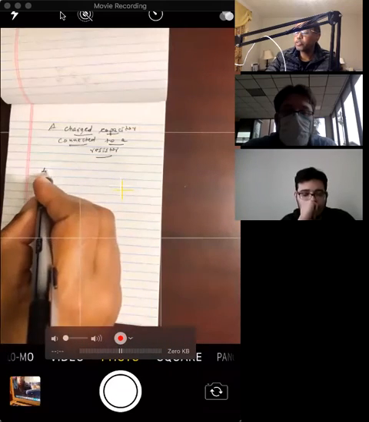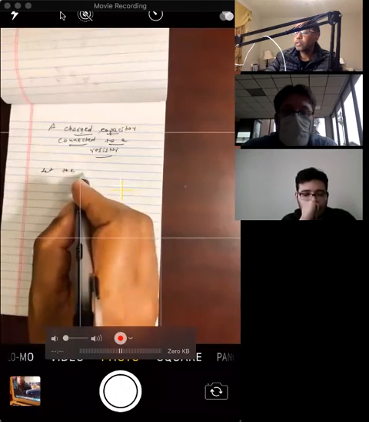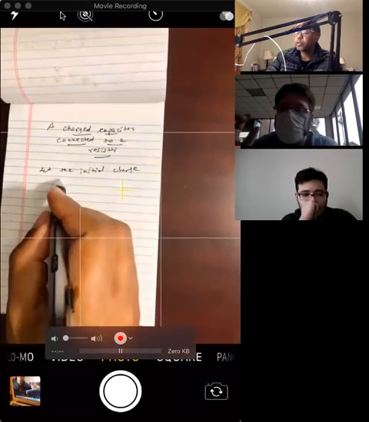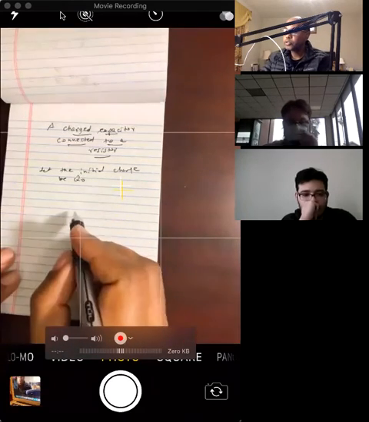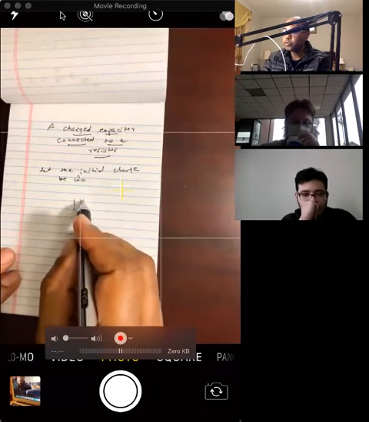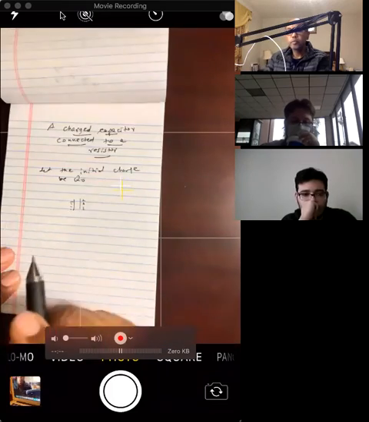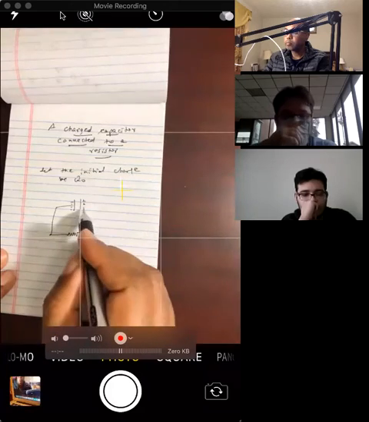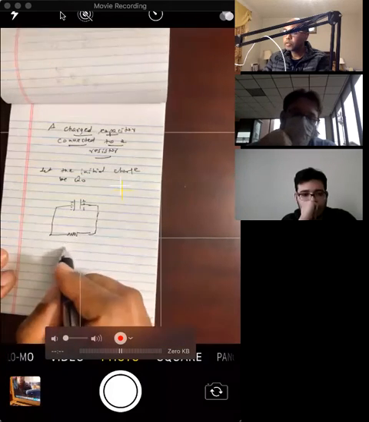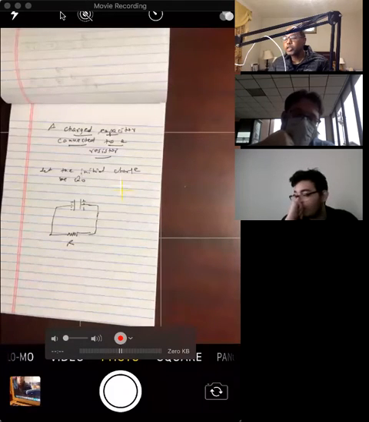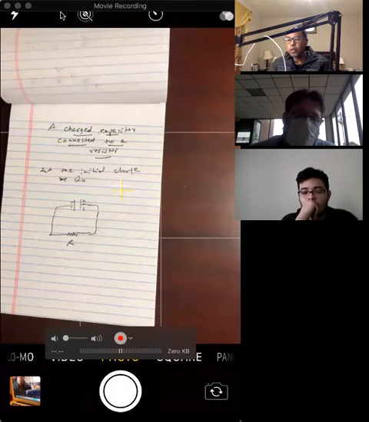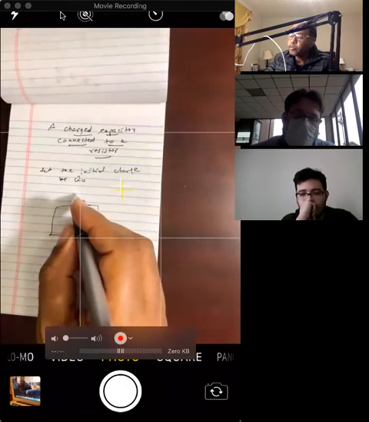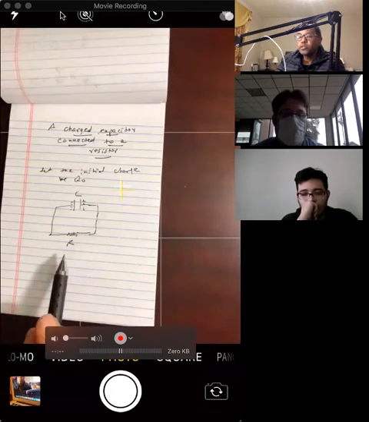Let's say initial charge Q naught. So we start with this capacitor, which is charged. Okay. So you get this charge in the capacitor, but then you discharge it through a resistor. That's the problem. This is R over here. You start with charge Q naught. We want to see how the capacitor discharges through the resistor. We want to see how the rate of discharge depends on C or R.